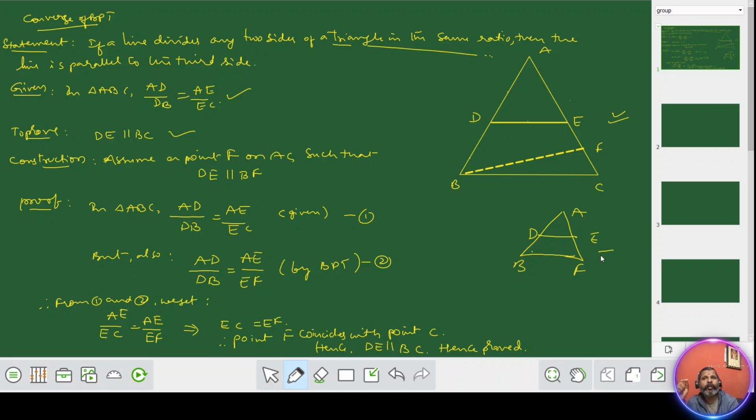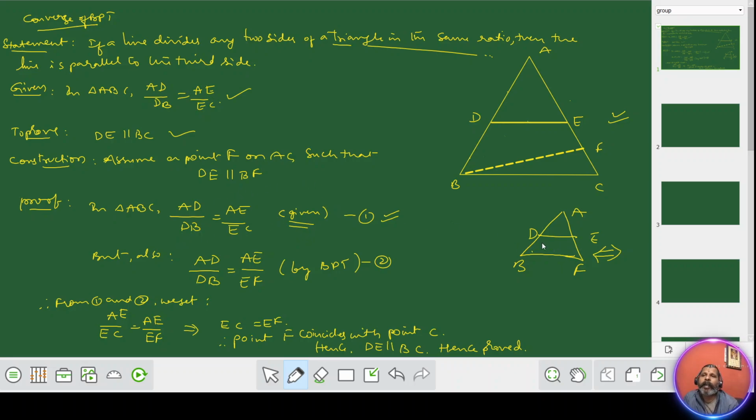So once you assume, your imagination should be like this: DE parallel to BF. That becomes the construction. In the proof, whatever is given, you just write it. Given is AD by DB equals AE by EC, which is also called the data.